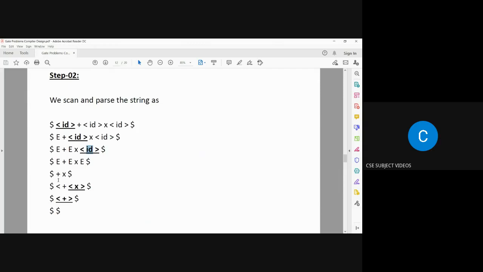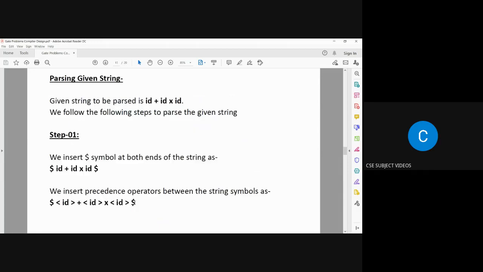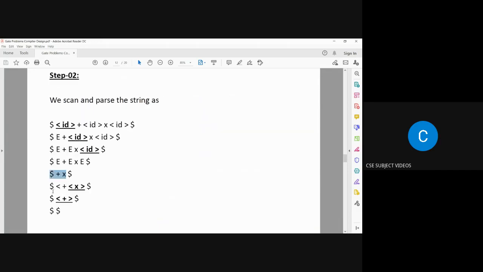Now with this we have to mention the priority. Dollar and then plus: come to the precedence table, dollar less than plus.